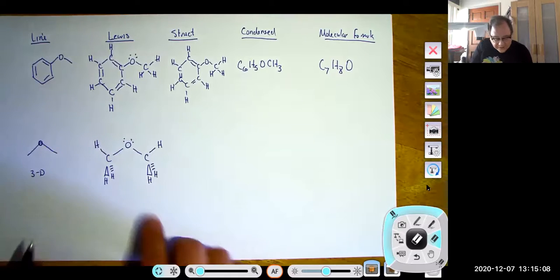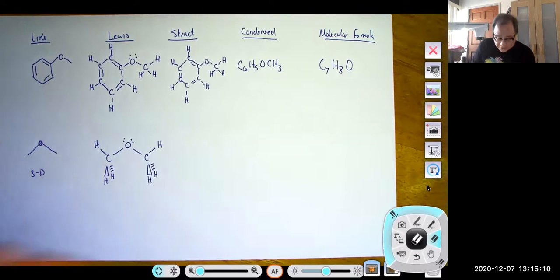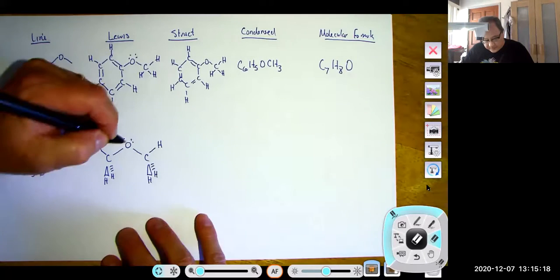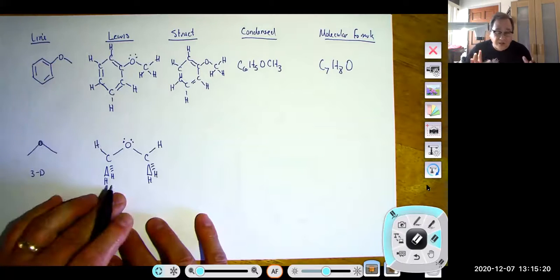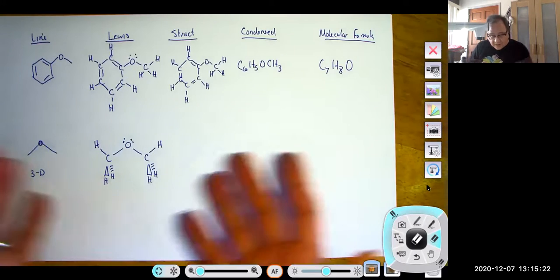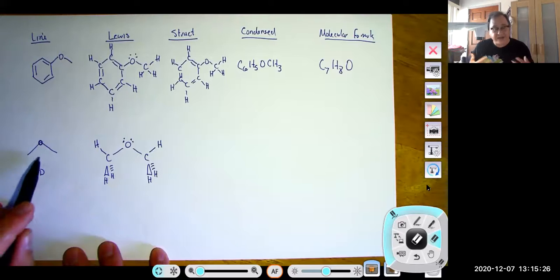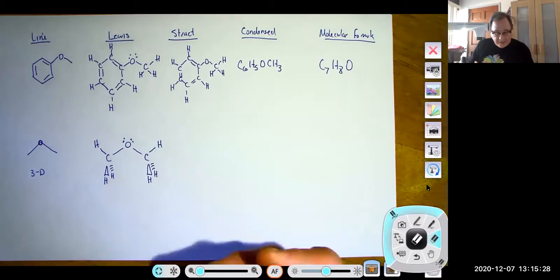And you can see that these carbons with 4 things attached to it are tetrahedral. This one's also tetrahedral. This oxygen with 2 things attached to it is bent. 4 pairs and 2 bonds, it's bent. This is the molecule drawn in 3 dimensions. So when I look at this guy, I actually see the 3-dimensionality.